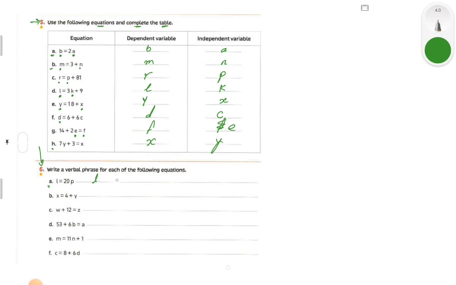So L equals what? Equals the product. That means 20B is 20 multiplied by B. So L equals the product of 20 and a number B.